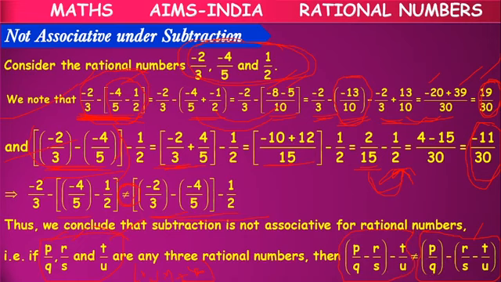So they are not associative. Rational numbers are not associative under subtraction. It means if we subtract three rational numbers in different orders, we get different results because of the change of order. Though the rational numbers are the same, the order of subtraction has changed. So that's why the result will also be different.